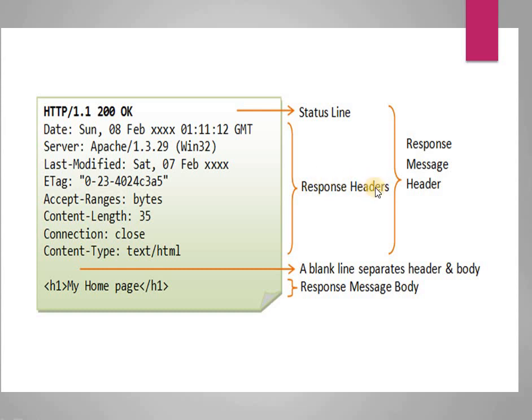Now the response header. Over here you can see the date, server name, last modified, when the resource was modified, accepted ranges in number of bytes, content length, and connection type, which is text and HTML. In the response message body comes what we are requesting.